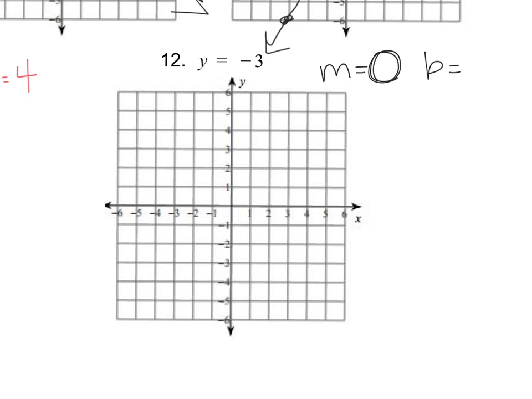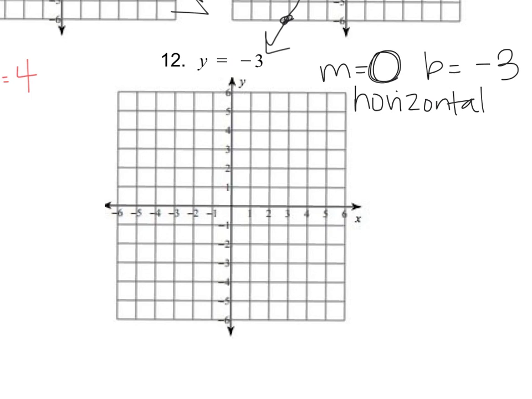If our slope is 0, it could mean one of two things, and this is the confusing part. It means that our slope is horizontal because you are not going up any. But you still have a y-intercept of negative 3.